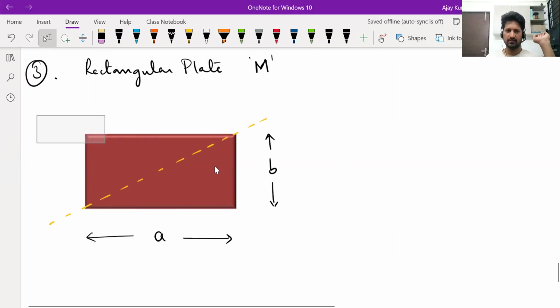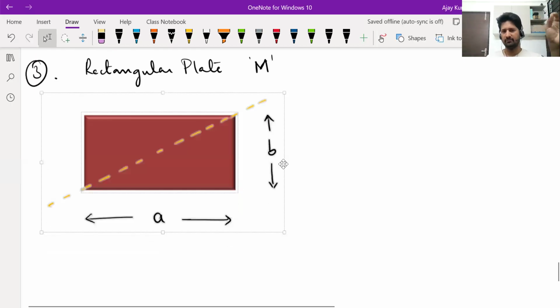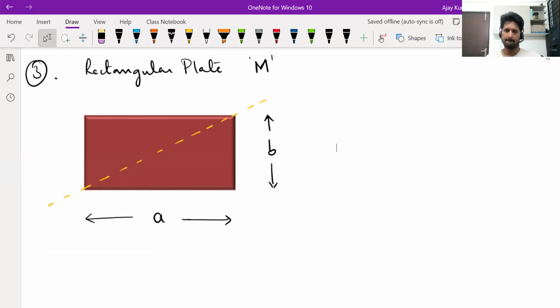This is also an interesting question. Again, for this also, if you can answer within 5 minutes, I will give you some gift. We will see. Think carefully and solve, all of you. This involves some ideas that we discussed about moment of inertia so far, and also a little bit of geometry.